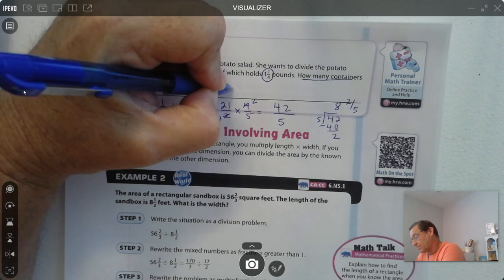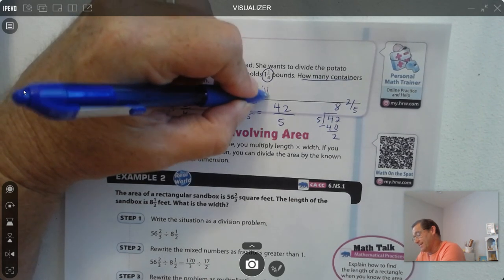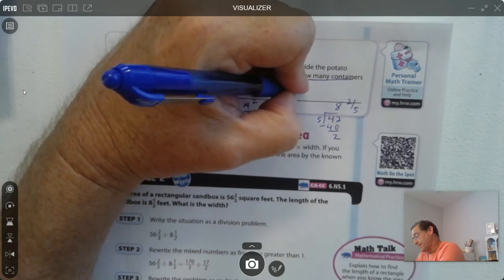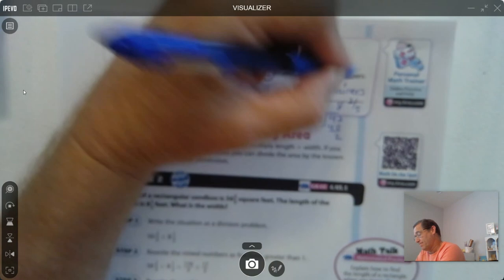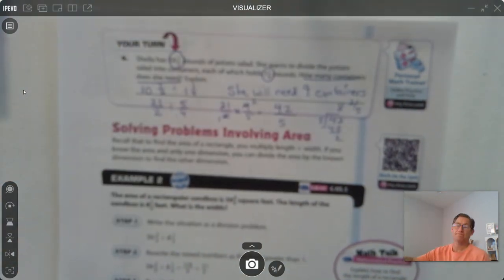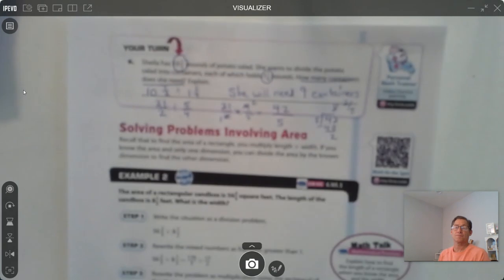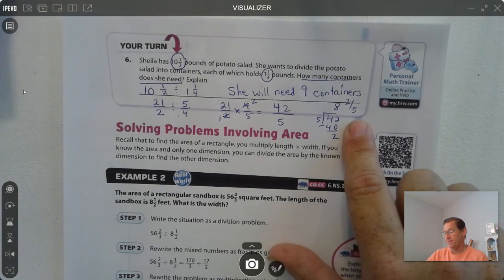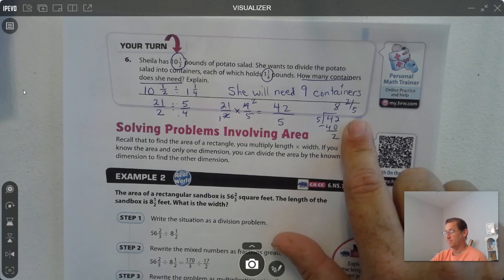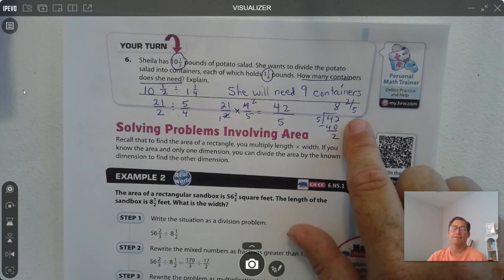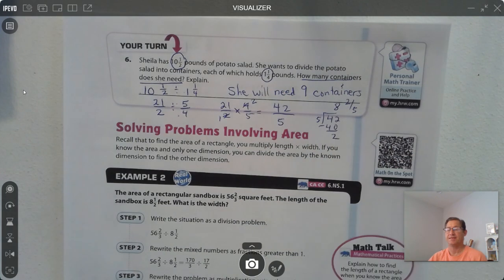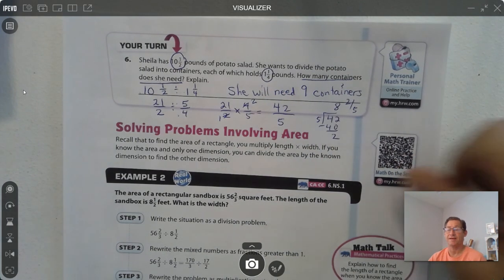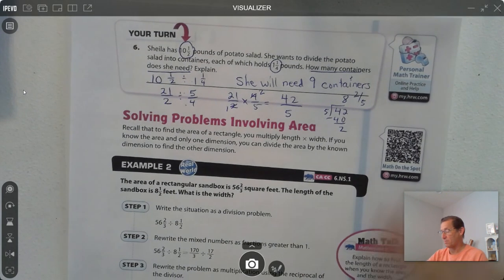So she will need 9 containers. So again, there's 8 and 2/5 containers needed. But if all the containers hold 1 1/4 pounds, she's going to actually just need an extra container, a full container.